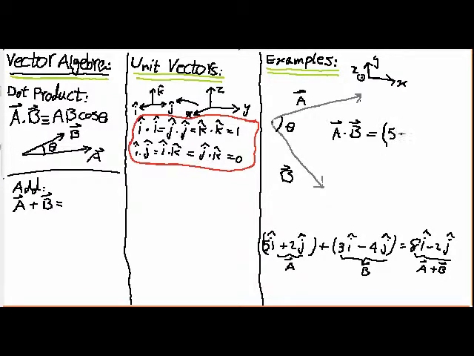So I say 5 I hat plus 2 j hat, dot, 3 I hat minus 4 j hat. And then what's the result? It's very easy. What you need is to dot product this guy by this and this, and dot product this guy by this and this.